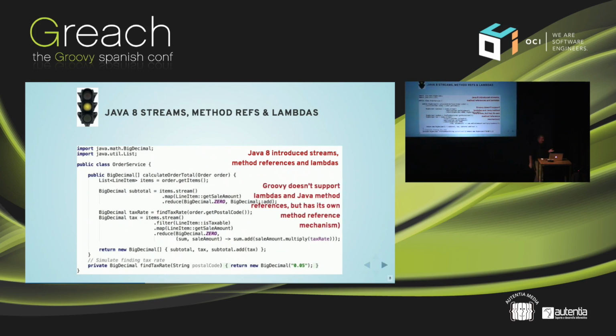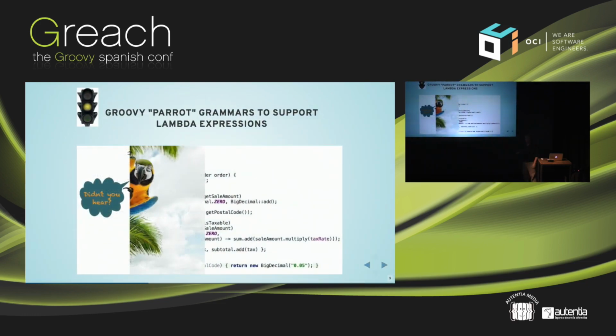And unfortunately, Groovy doesn't support lambdas and Java method references, but we do have our own method reference mechanism, which we'll see in a little bit. Now, the nice thing is the parrot grammars are going to support lambda expressions. So when Groovy 3 comes out, or maybe some options with 2.5, we'll be able to write Java lambda expressions directly in our Groovy code.